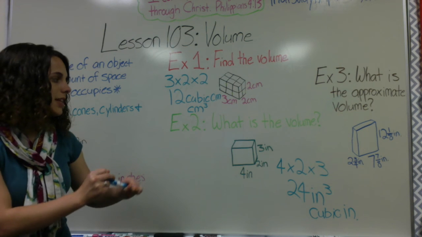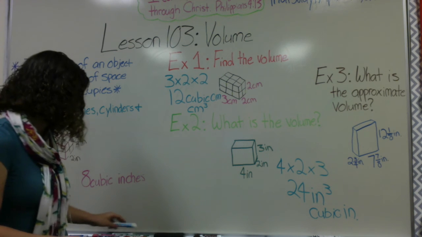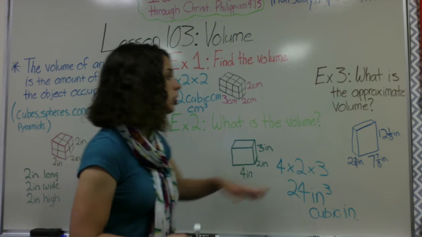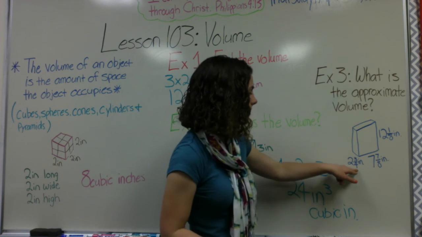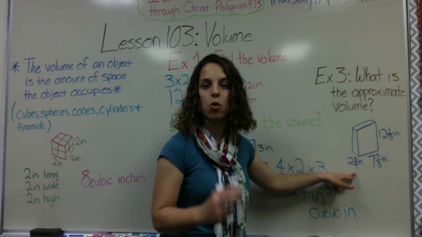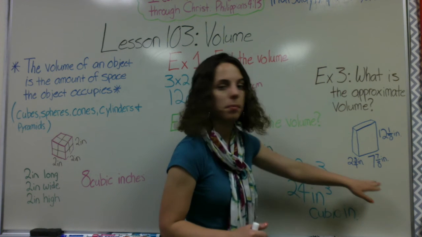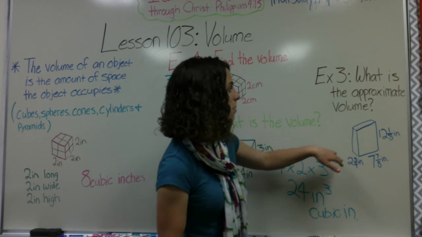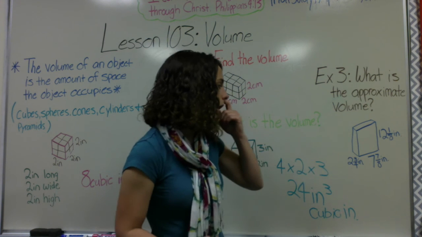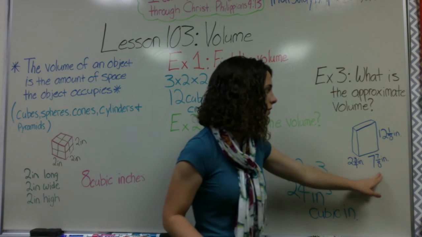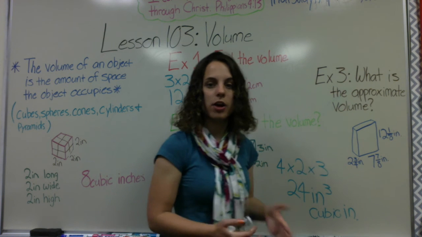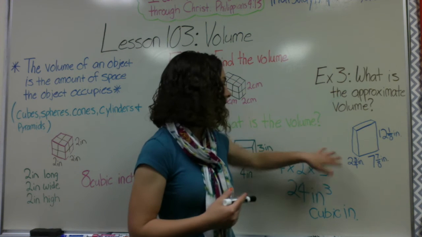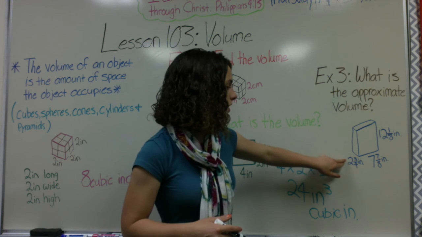Example 3 says, what is the approximate volume? Just a few lessons ago, we learned about rounding mixed numbers to the closest whole number. These are probably pretty small. I might not have written them large enough to see, so I'll read them to you. For the approximate volume, I'm going to round these first, of course, before I multiply, because we haven't gotten into multiplying mixed numbers yet. We will later on. I have 2 3/4 inches.